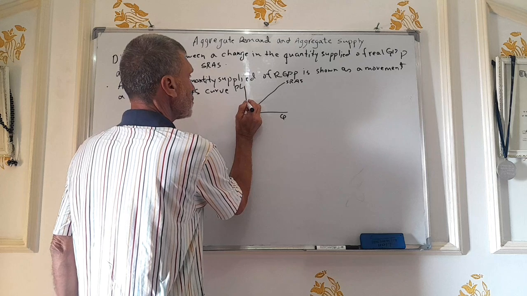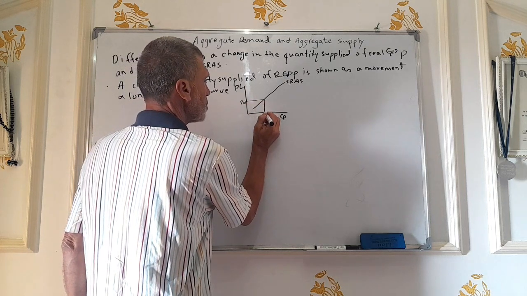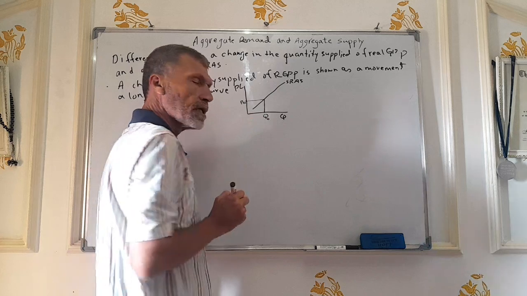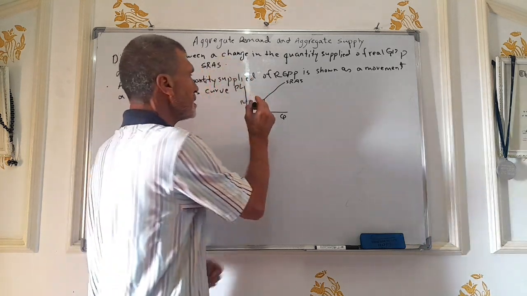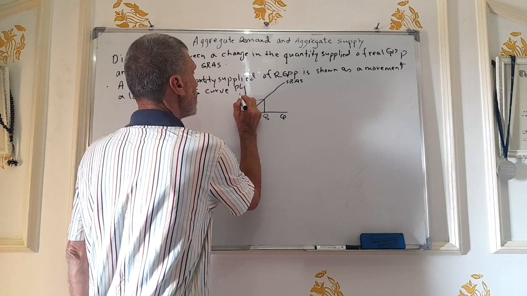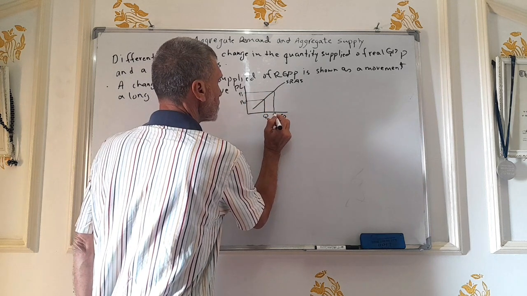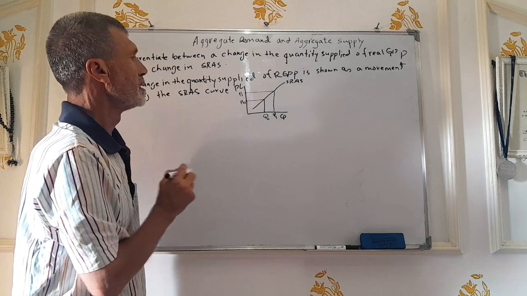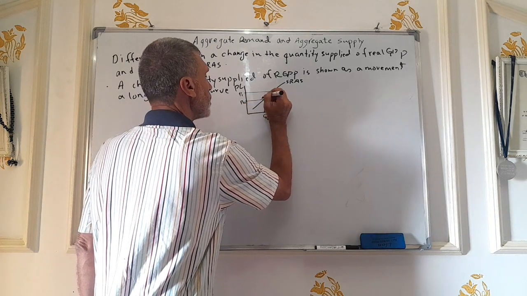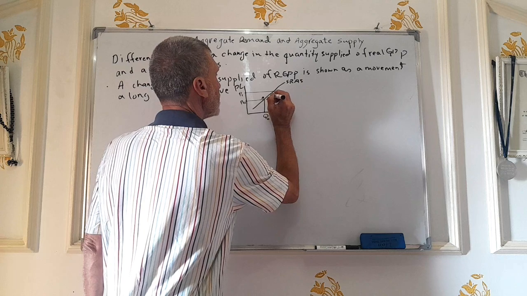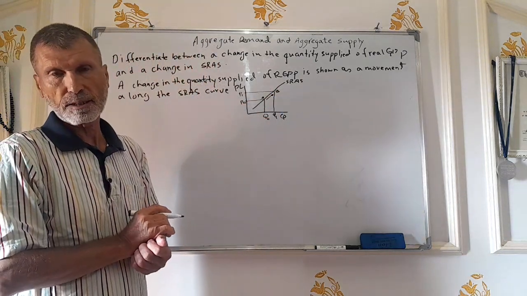Okay. Now, a change in the quantity supplied. If the price level is over here, P0, then the quantity supplied of real GDP is Q0. When the price level increases, of course, to P1, then the quantity supplied is Q1. So as you can see, we have a movement along the short-term aggregate supply.